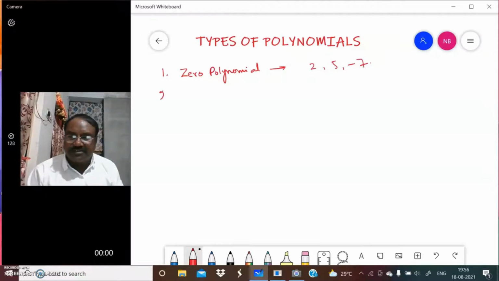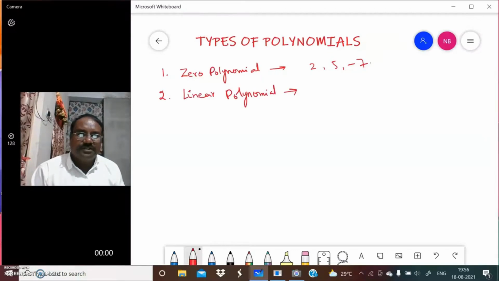And the second is called a linear polynomial. Linear is nothing but degree 1. A polynomial which has degree 1 is called a linear polynomial, and the general form of a linear polynomial is ax + b.